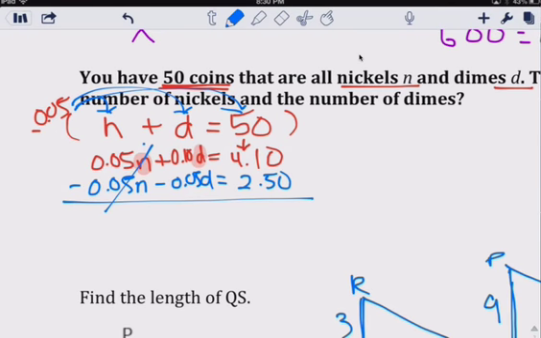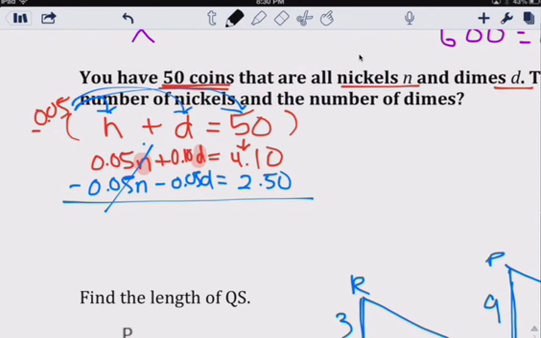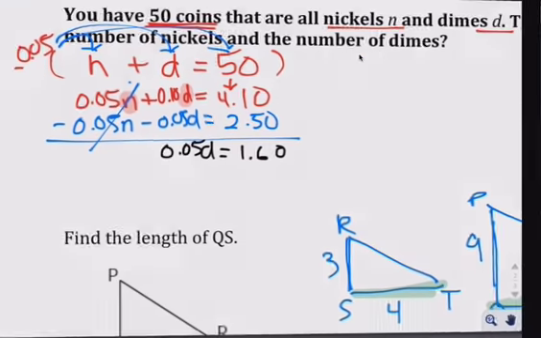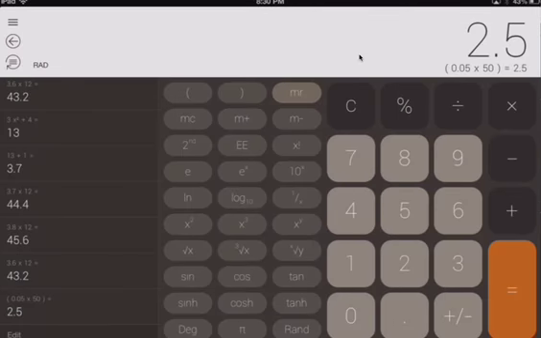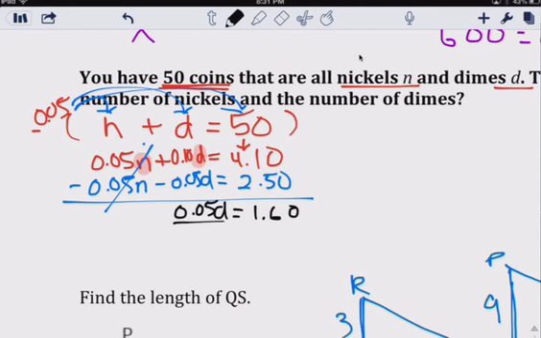This is 0. Forgot the N, sorry. Okay. Let's make it black. Subtract that, you get 0.05 dimes equals 2.06 minus... let's double check. 4.10 minus 2.50 is 1.60, yep. Ignore the negatives because I put it backwards.